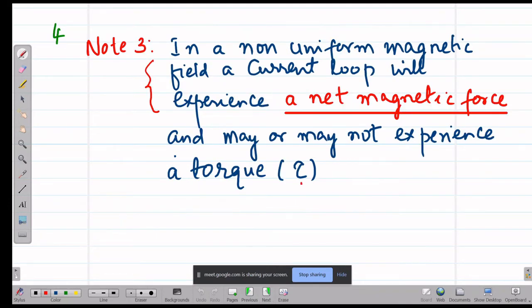And you should remember the formula for this torque, which is N A B I sin theta. Always remember what is theta. Theta is the angle made by the normal to the plane of the coil with the magnetic field, or theta is the angle between the magnetic moment vector, which will always be perpendicular to the plane of the coil or normal to the plane of the coil, and the magnetic field B.